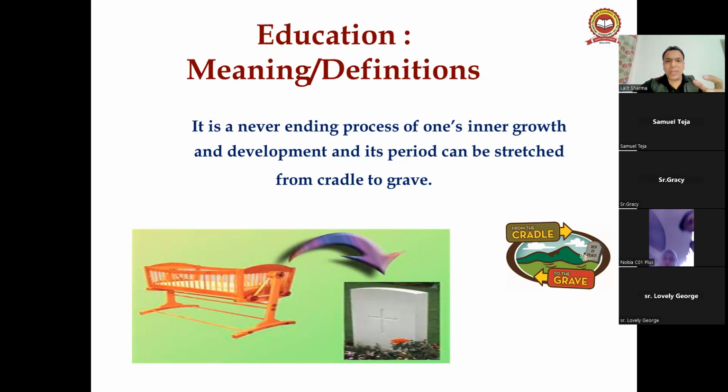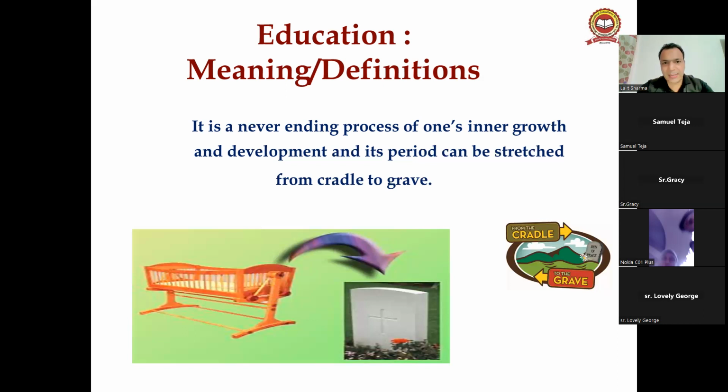You cannot bound education in schools. Every person is getting education at every time, that's why it is said that it starts from the cradle and ends in the grave. It means the person dies, but education doesn't.